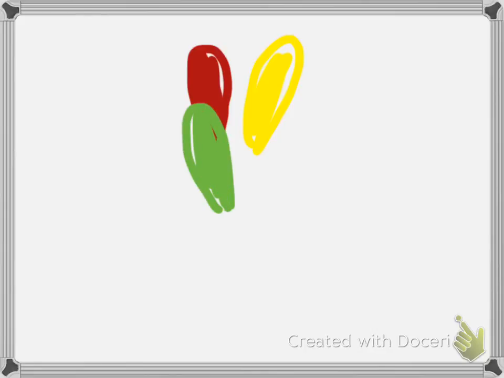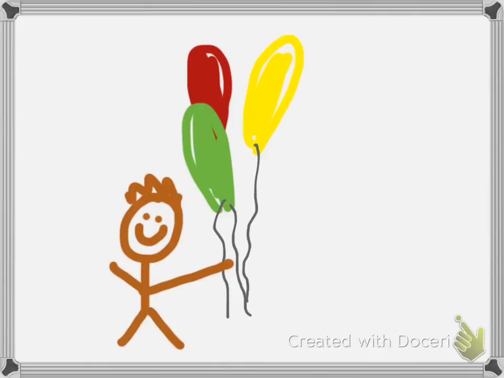Okay, you're holding these balloons. So here you are, holding your balloons. And think of your hand, remember it has 5 fingers. 1, 2, 3, 4, 5, holding all of those balloons nice and tight.